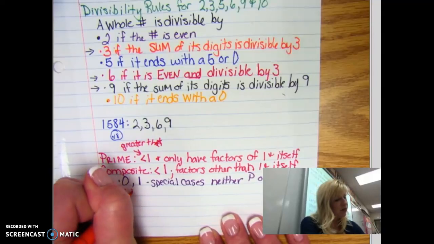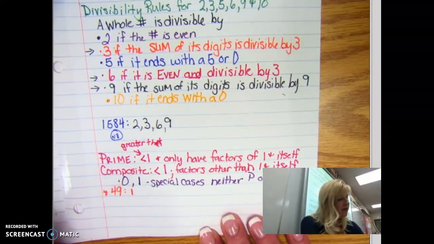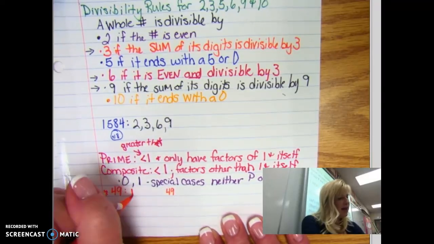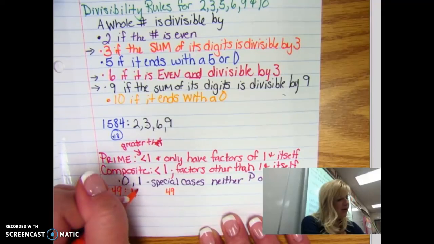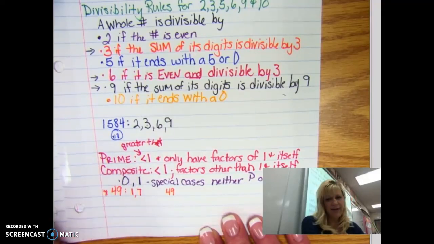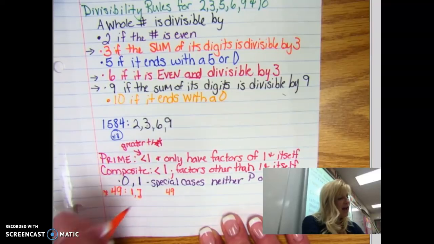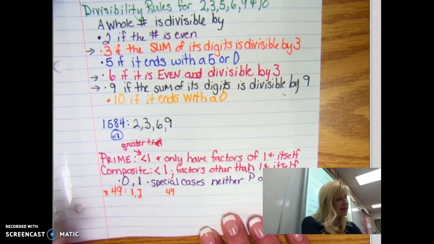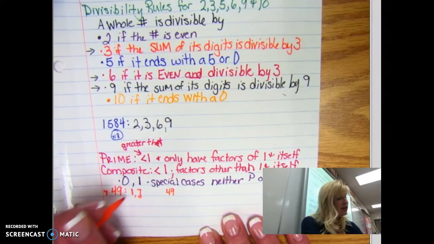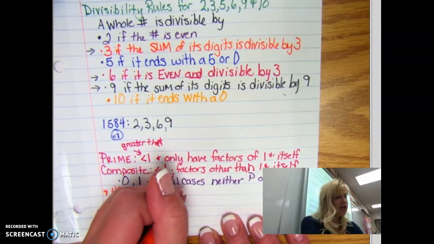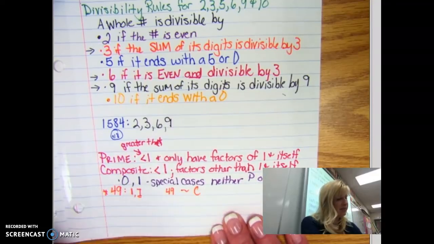Remember, if you did the rainbow method, you would have a 1 and a 49. And then if you remember, what about 7? 7 times 7 is 49. Now, just because it does have this extra fact, I know it's 7 to the second power, we can't write that 7 twice. It's 7 times 7, so its factors are 1, 7, and 49, but it has more factors than 1 and itself. Barely, but it does skate by, so it is composite.